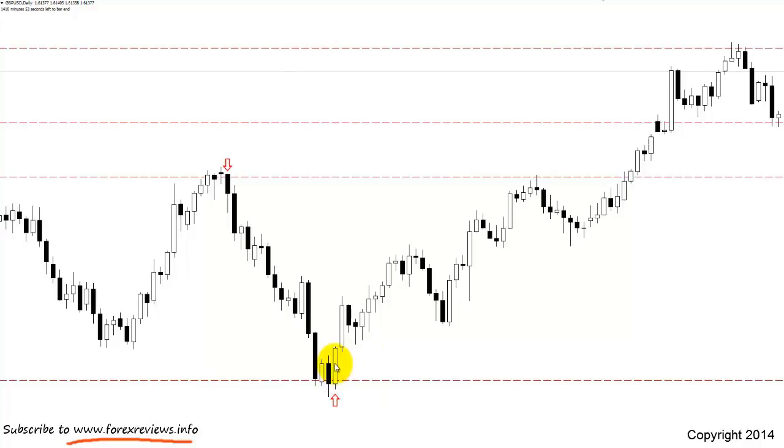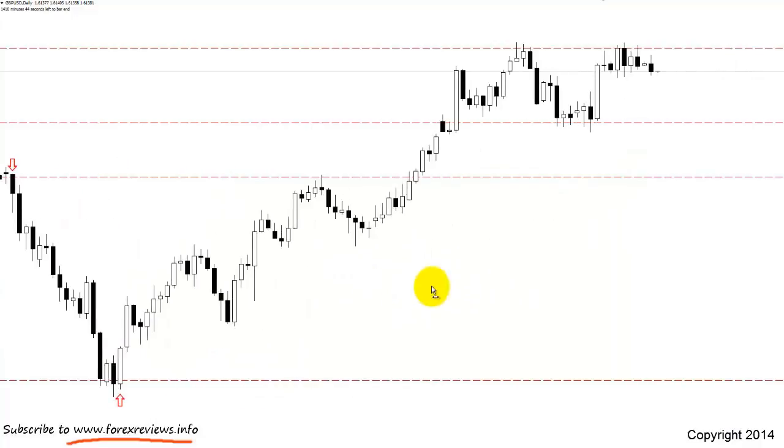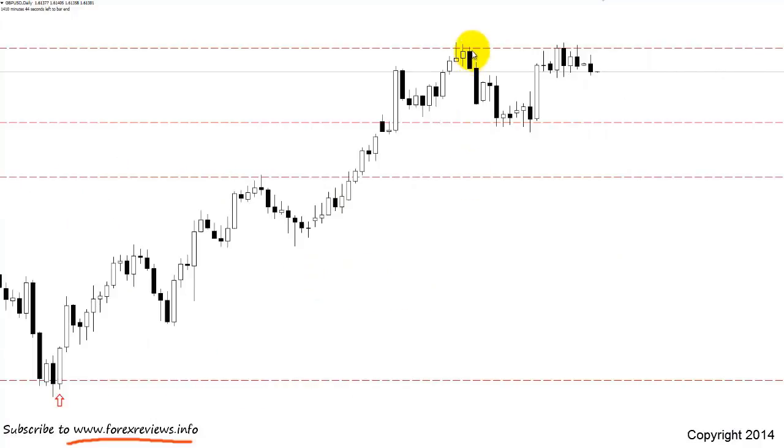And here you go, here's the signal we're looking for. Bullish engulfing, price goes up. Bearish engulfing, price goes down. Structure, bearish engulfing, price goes down. Let's move on to the next pair.